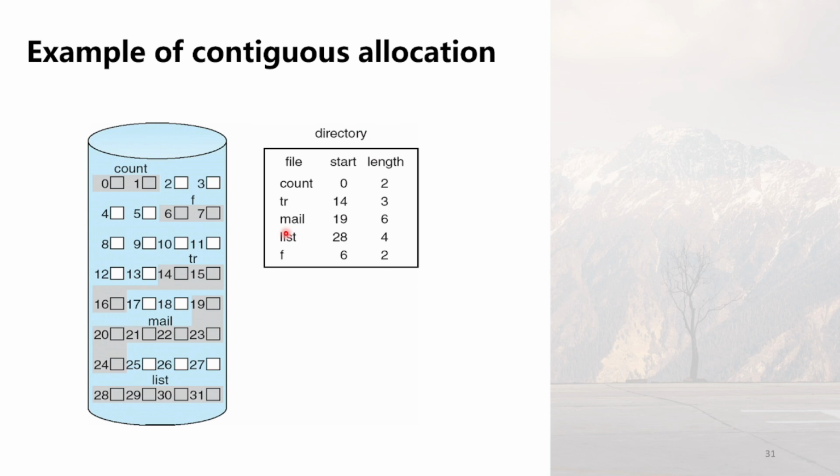Once we find the starting block and the number of blocks required for the file through the directory, we can quickly identify the location of this mail on the hard disk. In this example, the blocks inside the hard disk have index numbers. These index numbers are generated when we format the partition.